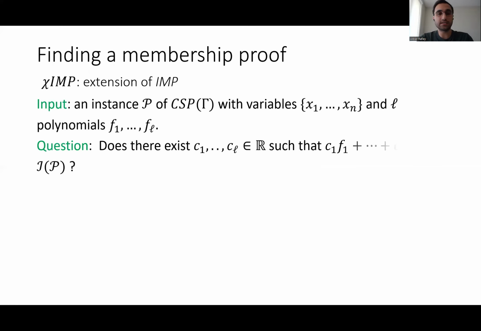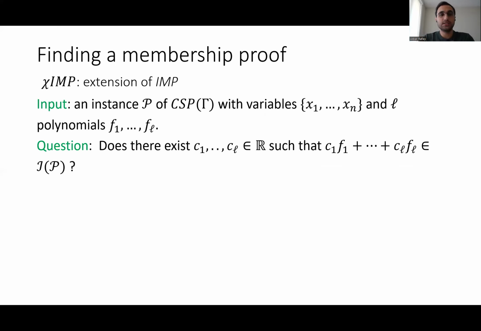So in order to address this issue, we introduce an extension of IMP called XIMP. Here, as before, as input we have an instance of CSP gamma, P, and now we have a set of L polynomials, F1 to FL.